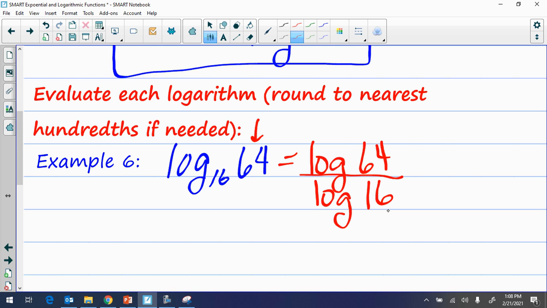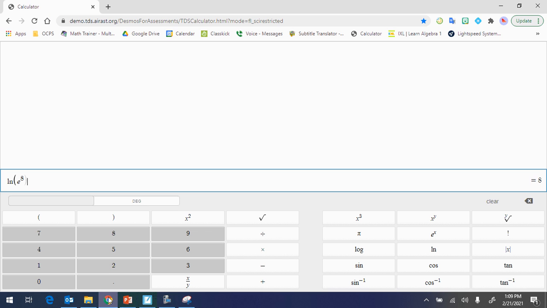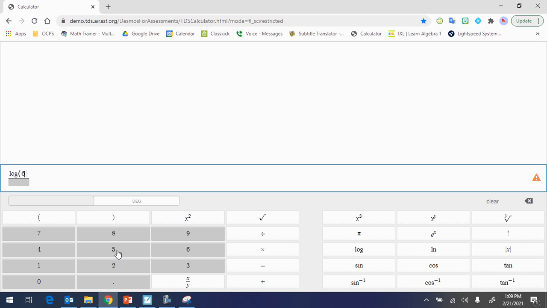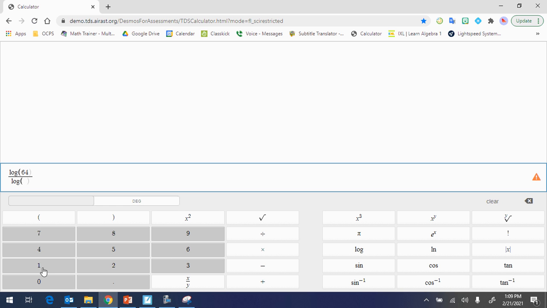Now, let me warn you, that is not equal to log of 64 over 16. It's not. So don't do that. Don't try and reduce when you have the logs there. Okay, so I'm going to go to my calculator. And I actually prefer my online one here because I can go fraction, log 64, click into the bottom, log 16, and I'm going to get 1.5 or 3/2.